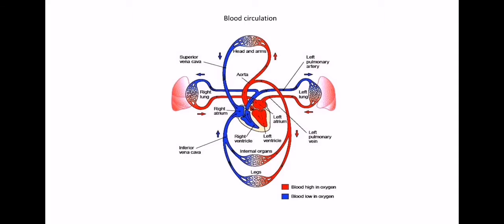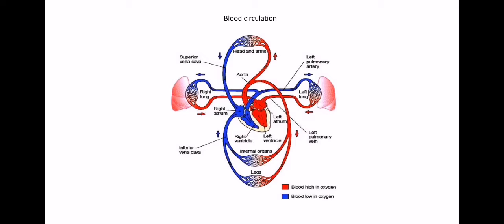From the right atrium, the blood that carries carbon dioxide will flow to the right ventricle through the valve, and the right ventricle will contract. When the right ventricle contracts, it pumps the blood to the lungs through the pulmonary artery.